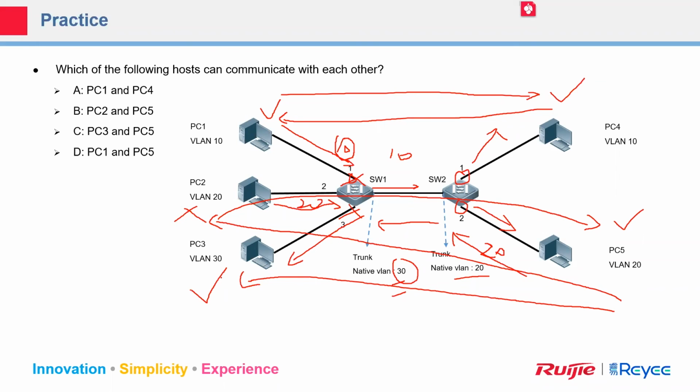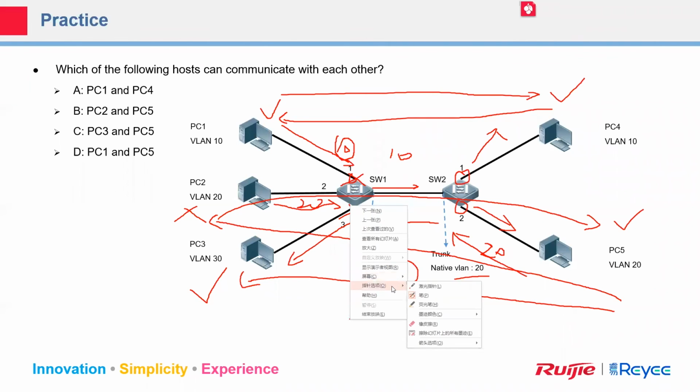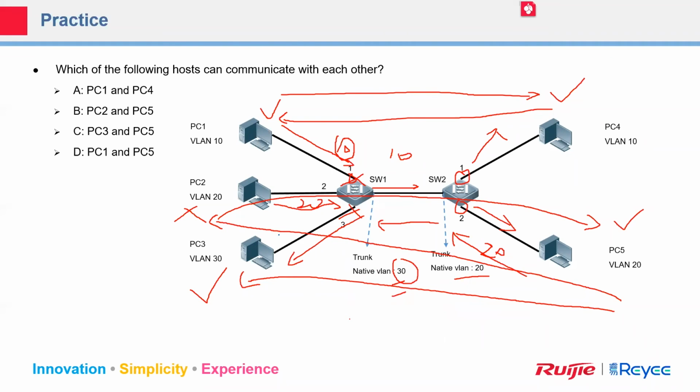So the question is, if PC3 sends the packet to PC5, can PC3's packet be received or not? The correct answer? If PC3 sends to switch 1, what's the VLAN tag? Should be 30, right? And then the packets will be sent out of the trunk. Then the trunk will delete the VLAN tag, right? Because this number is the same.